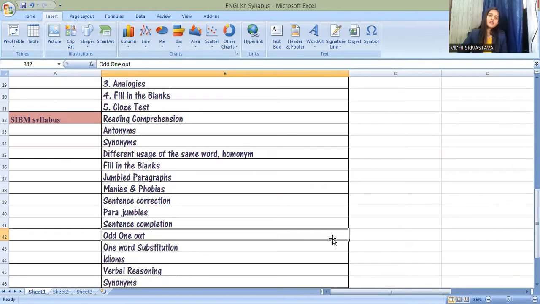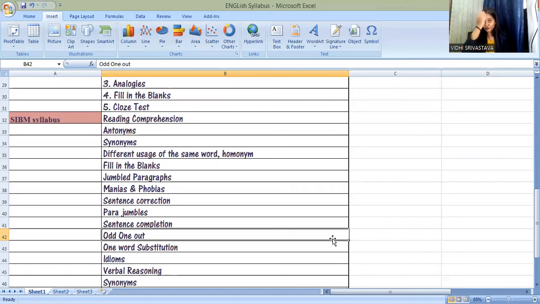So it's very important to first focus on what you want to crack. Let's say that you want to crack CAT. For CAT, it will not be very necessary to prepare words, antonyms, synonyms and all these things.